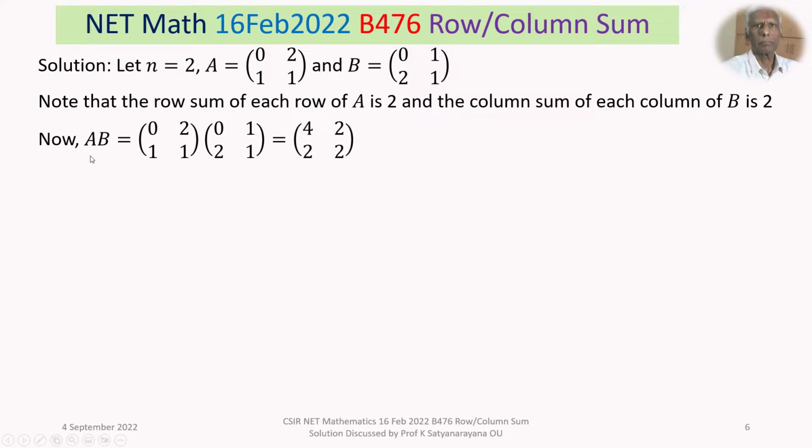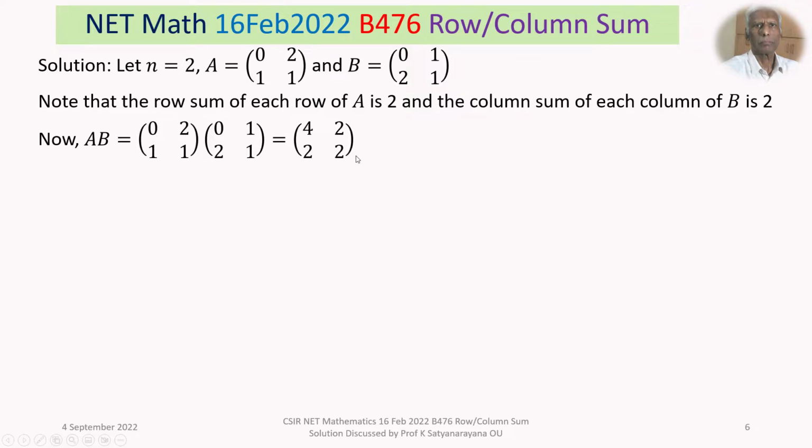Now we have taken the product AB. First row, first column 4, second row, first column 2, first row, second column 2, second row, second column 2.